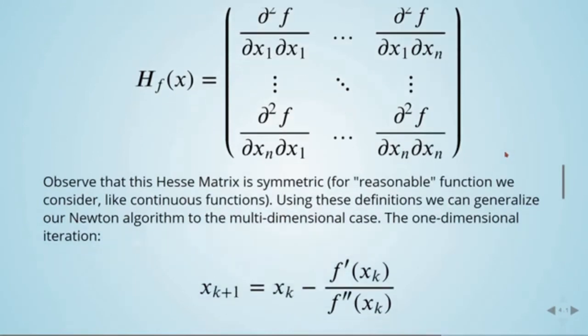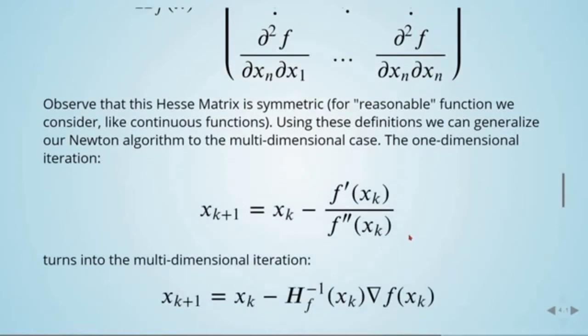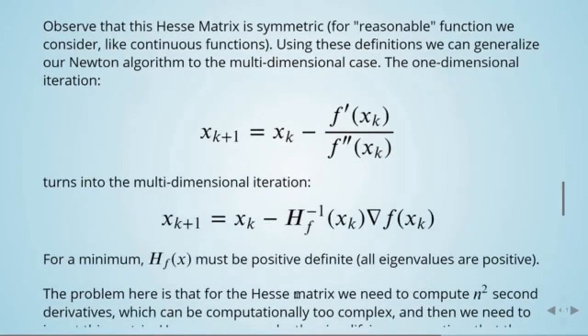multidimensional case. So the one-dimensional case was given by this iteration here, but now it will turn into the multidimensional iteration. So this is not a number now, we're dealing with vectors. So we see here, this is the inverse of the Hesse matrix, and here's the gradient of the function, and these are our vectors.